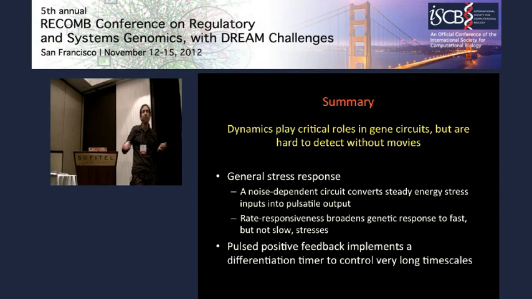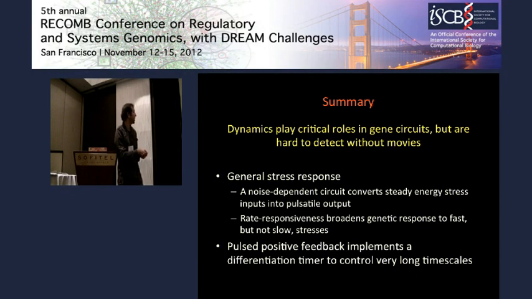So in the examples I showed today, we see that in the general stress response in bacteria, which is a really highly conserved, very basic system in cells, we have a DC to AC converter that converts things into stochastic pulses. We have rate responsiveness, which we think is what the general stress response is really trying to do, which is to say broaden the response to very rapidly changing stresses. And finally, this idea of pulsing a positive feedback loop in order to control events on long time scales.